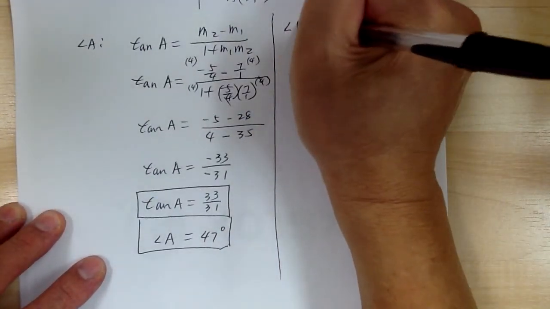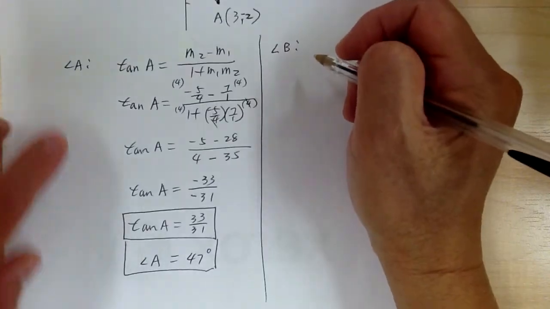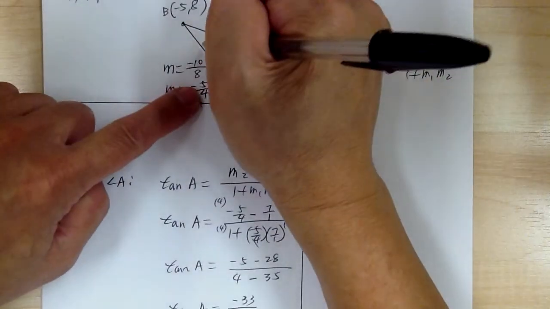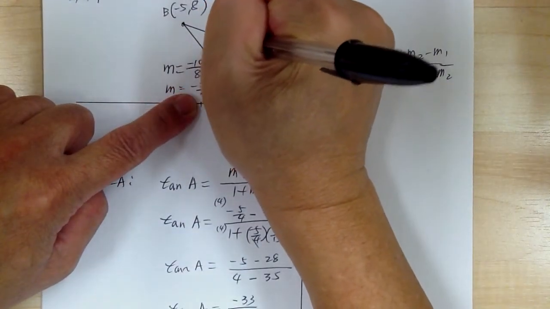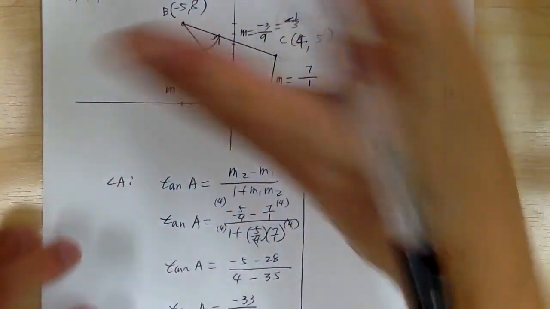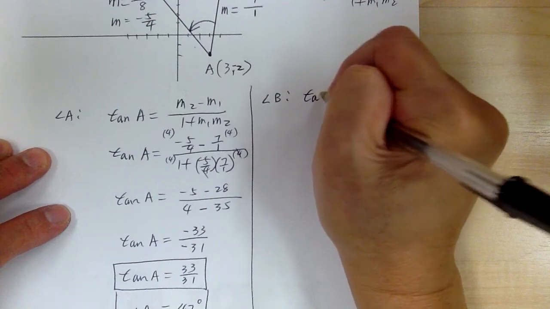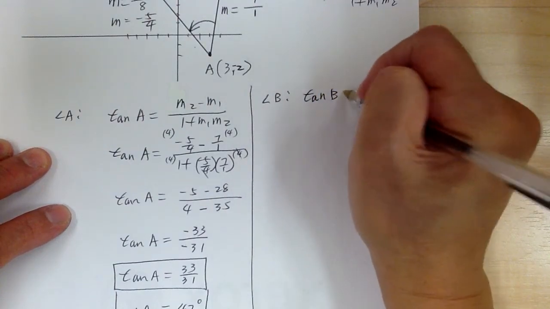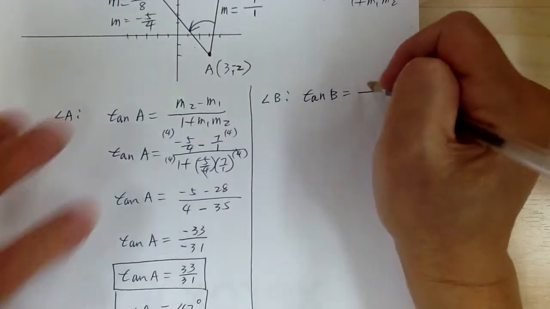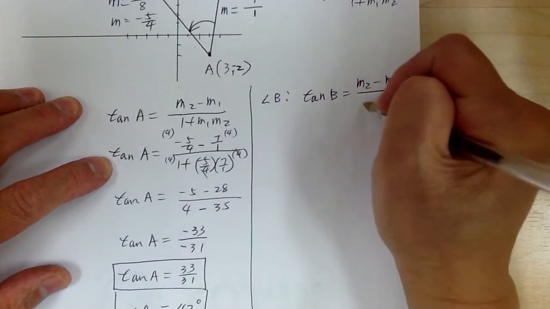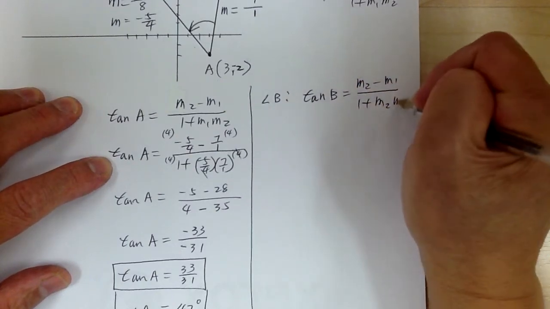So for angle B, angle B is right over here. So again, you make sure you go counterclockwise. You have to go this way now. Again, you always have to go counterclockwise. So tangent B, again, is equal to M2 minus M1 over 1 plus M2 M1.